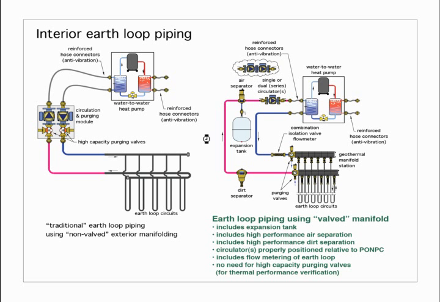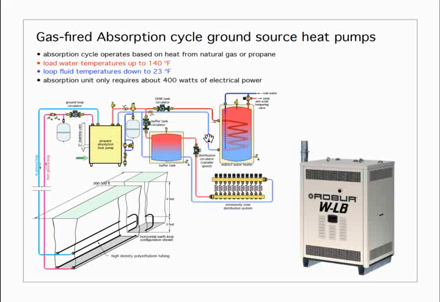Now, just another slide I threw in, just so you know, there are gas-fired heat pumps available in the U.S. market. Rover is one manufacturer, and then Fulton Boiler actually works with an OEM product. And these are operated by either propane or natural gas. They don't involve compressors. They do basically an ammonia water absorption cycle.